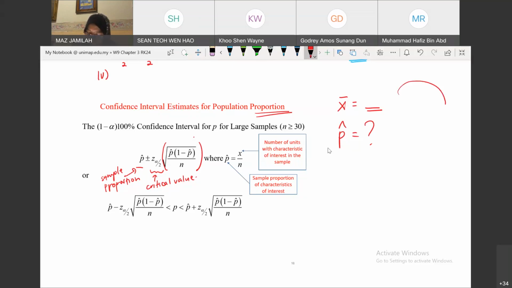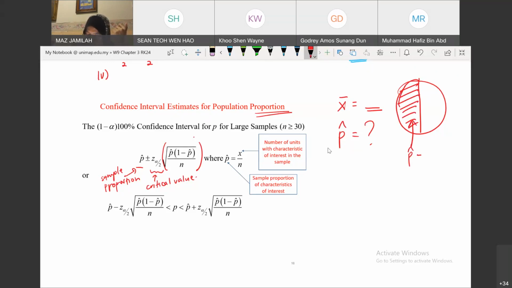For example, if I'm talking about your population, we no longer talk about a measurement from our sample. Instead we would like to see how much of the composition of your population is the one we are talking about, in terms of proportion. So if we are talking about half of your sample, this kind of half is what we call p hat.